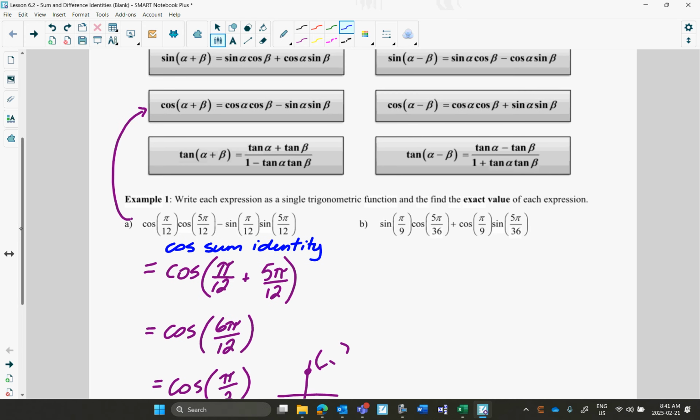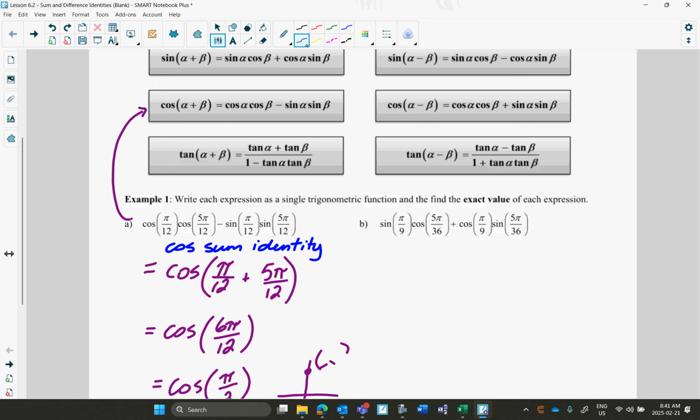This is a similar question where we've got this written out in expanded form. We have no idea how to do sine or cos of pi over 9 using the unit circle or 5 pi over 36. But we can simplify this using one of these. Which one does this represent?